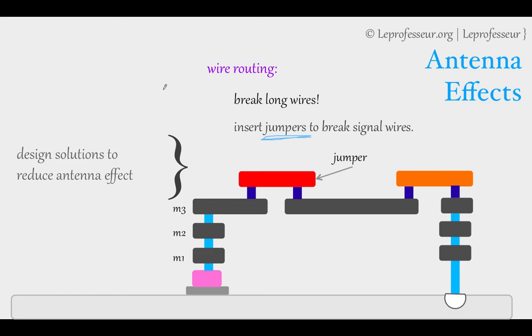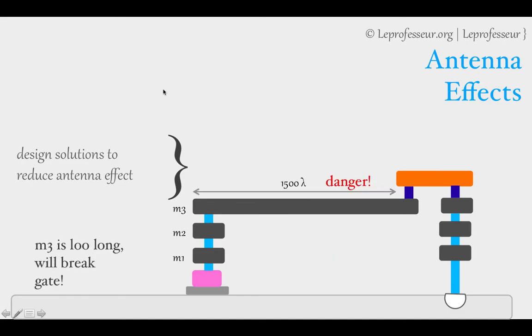What else can we do? We have seen that this is a long wire, and we have to do something with that. So the first solution, we saw that we break it and put the jumper.